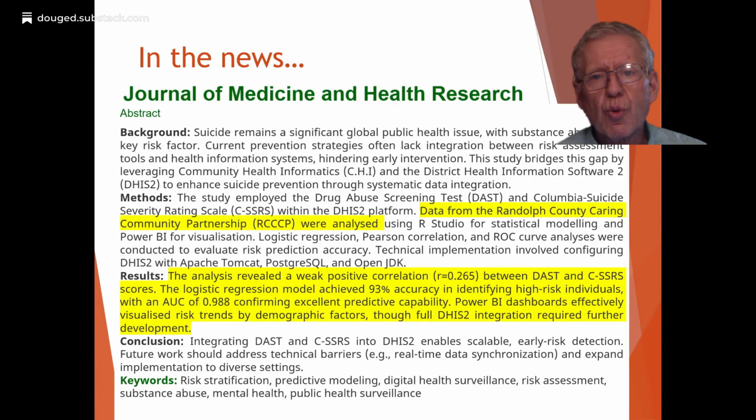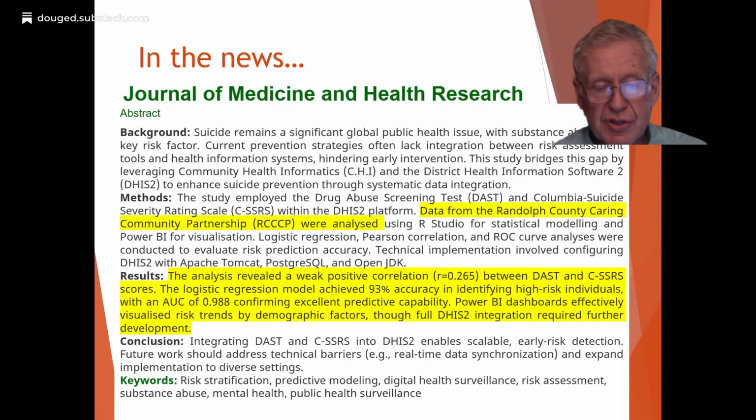Notice the results. What they did was to analyze survey results from two common surveys, the Drug Abuse Screening Test and the Columbia Suicide Severity Rating Scale. And they asked two questions. They asked, does the DAST, the Drug Abuse Screening Test, suggest or have a correlation with the Suicide Severity Rating Scale?